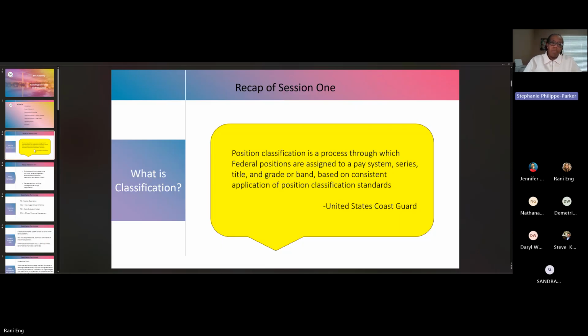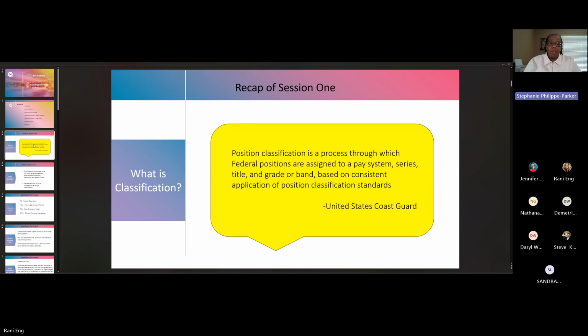In a brief recap of session one, we discussed what classification is. So this is a good place to start. According to the United States Coast Guard, position classification is a process through which federal positions are assigned to a pay system, series, title, and grade or band based on consistent application of position classification standards.